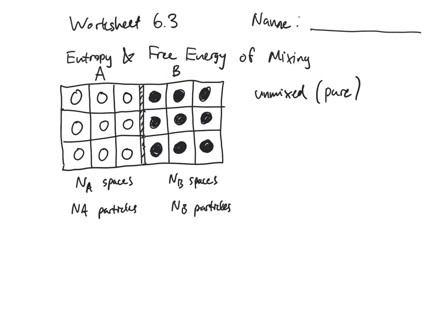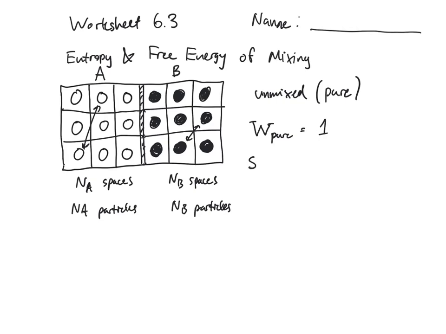As long as we keep the particles on the correct side of that barrier in the middle, exchanging any two particles just results in exactly the same configuration. And so that means that big W, which represents the number of ways to arrange a system, big W pure just equals 1.